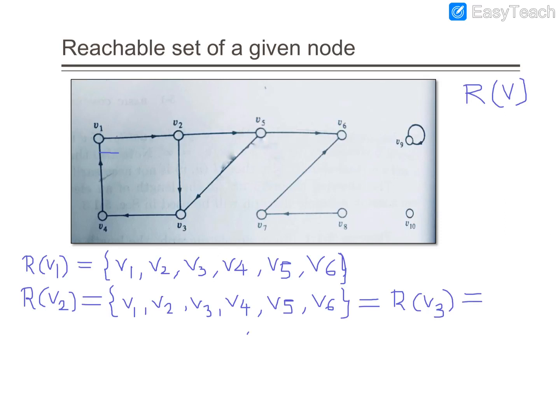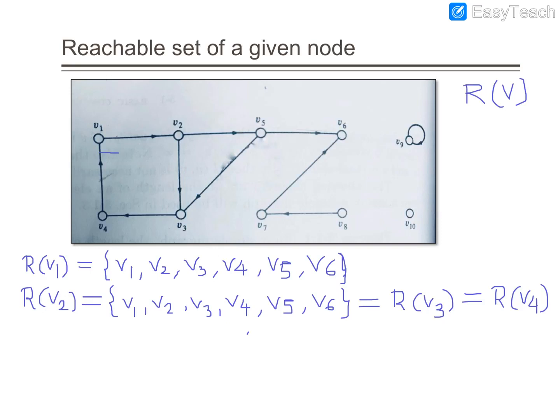Again the reachable set of V4: V4 is reachable to V1, V2, V3. It is also reachable to V5 and V6. Therefore it is equal to the same set.